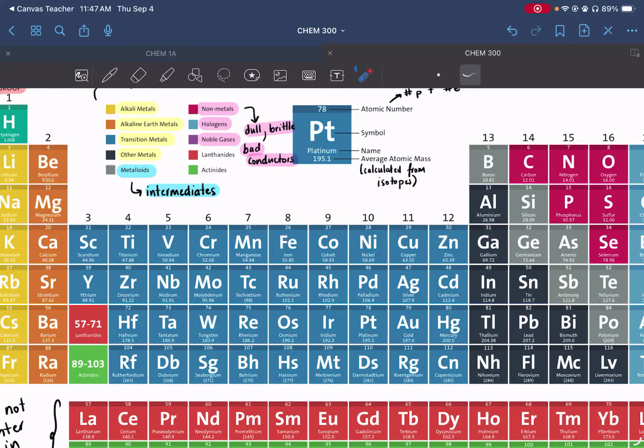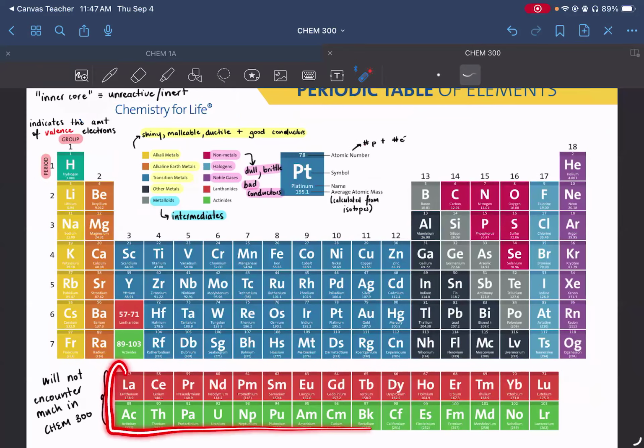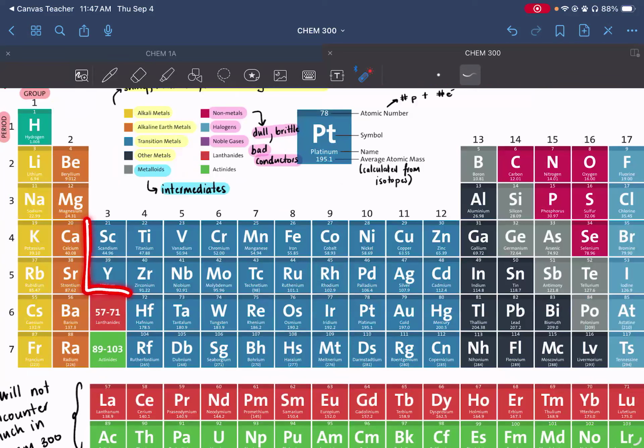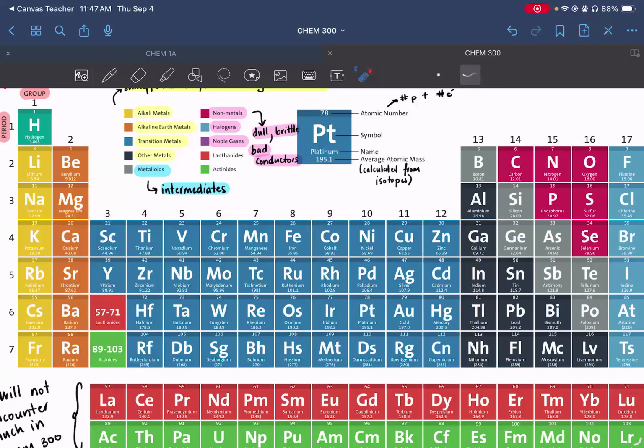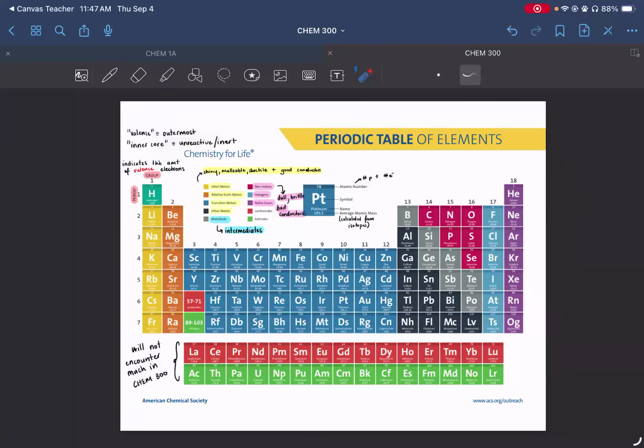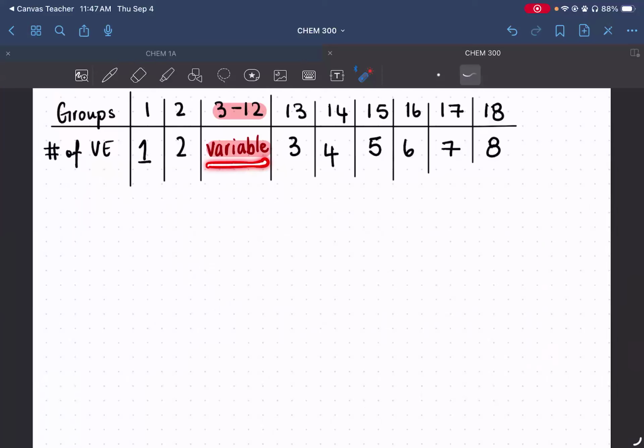They depend on the specific element. We talked about how earlier it was difficult to predict these guys down here, so we don't really talk about them. In a very similar way, it is difficult to describe transition metals, but we can still predict some behavior. All you need to know right now is that they exhibit a variable number of valence electrons.